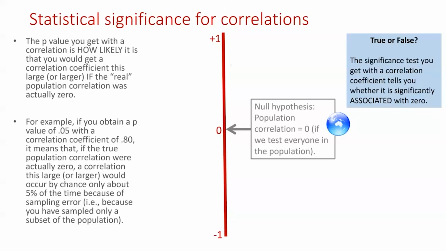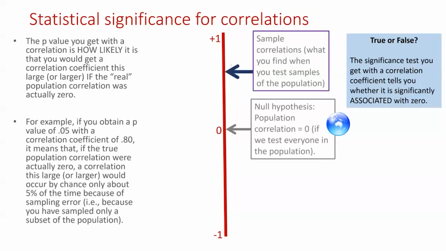So, let's look at this line here. In the middle, we've got 0, and then +1 is the maximum correlation, -1 is the lowest correlation. So our null hypothesis is that the underlying population correlation is 0. Now let's say we actually collect our data, but our data is only from a small sample of the overall population.